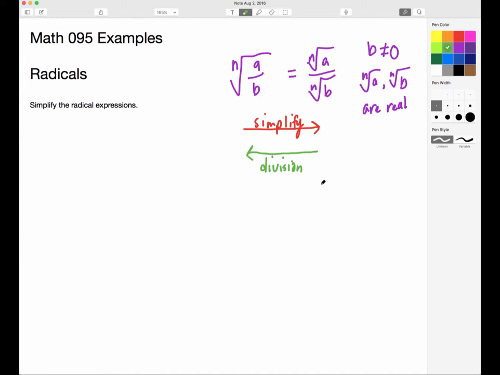So it's the same equation, it just gets used in two different ways depending on what the directions of the problem are. So make sure to read the directions for the problem, and when you see simplify, it means that generally the one radical sign, we cannot simplify this any further, so we need to use another tool so that we can simplify our problem.